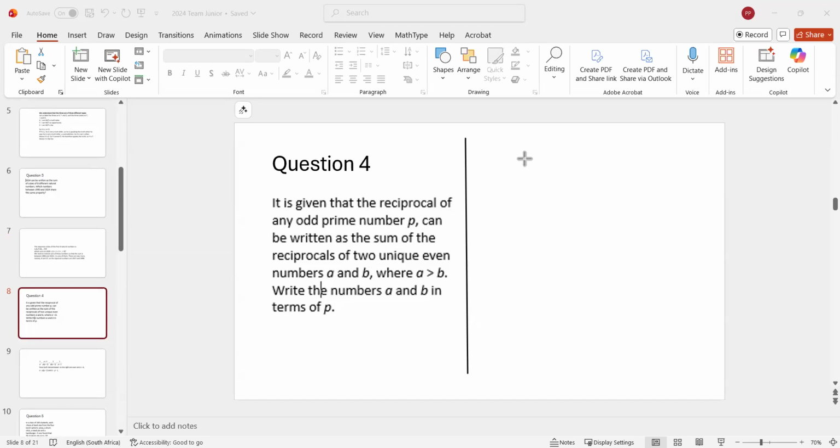So you want to write 1 over P, the reciprocal of, let P be such a number.